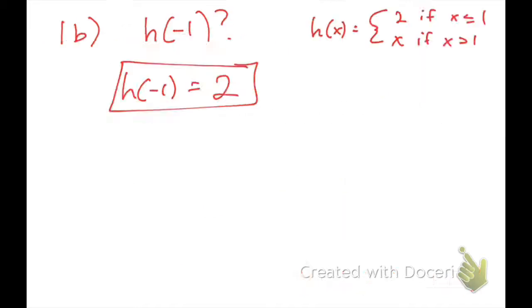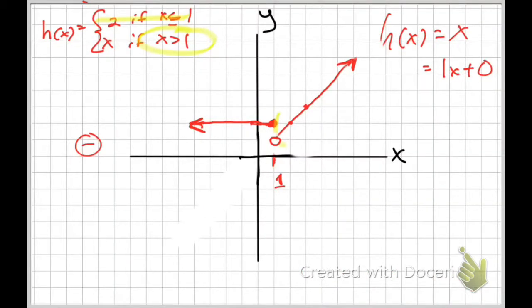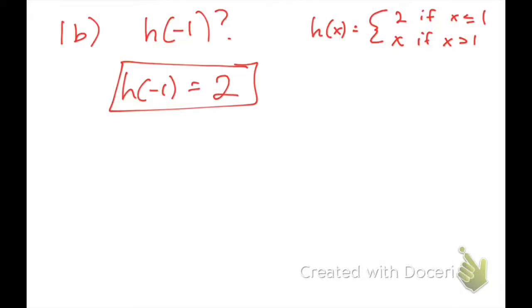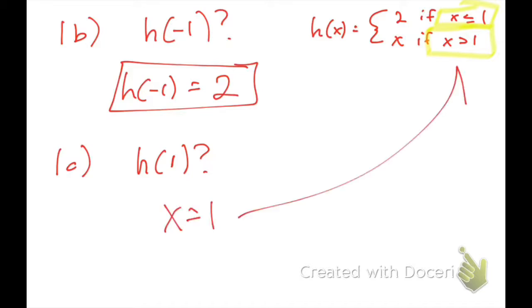And if we look back at our graph, if I go to negative 1 and go up to the graph and look for the intersection, it intersects at y equals 2. So that's my answer. Now let's look at our next question. What is h of 1? What would h of 1 be, evaluating when x is equal to 1? Which of these conditions does it meet?